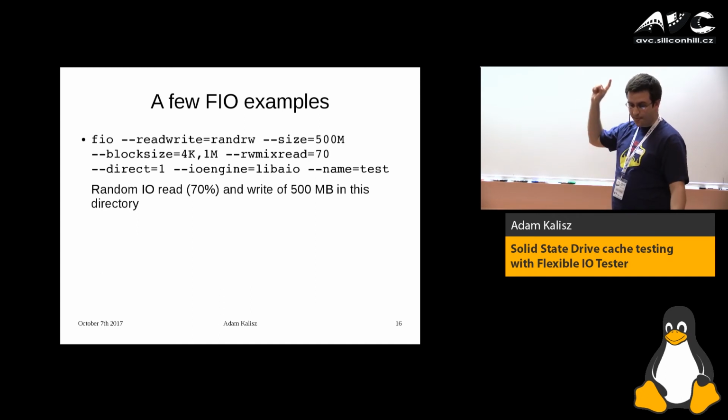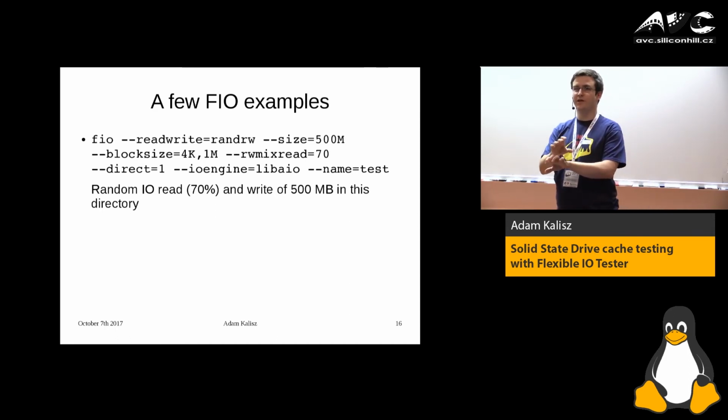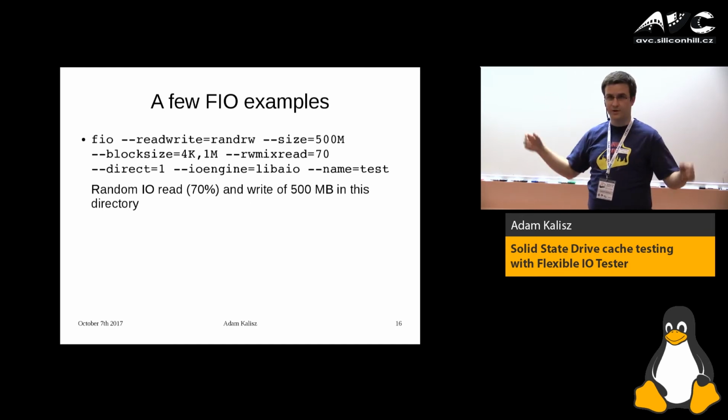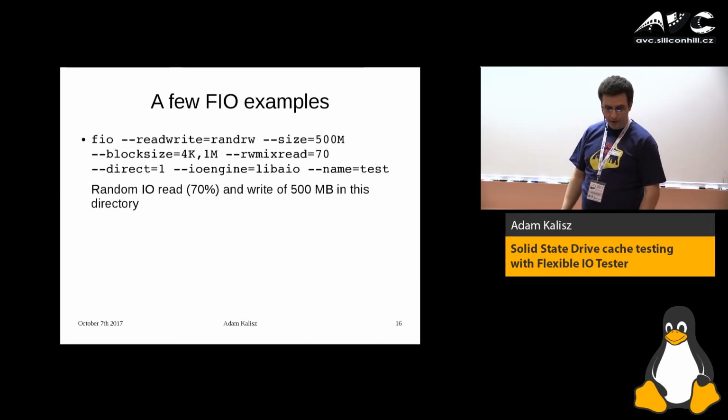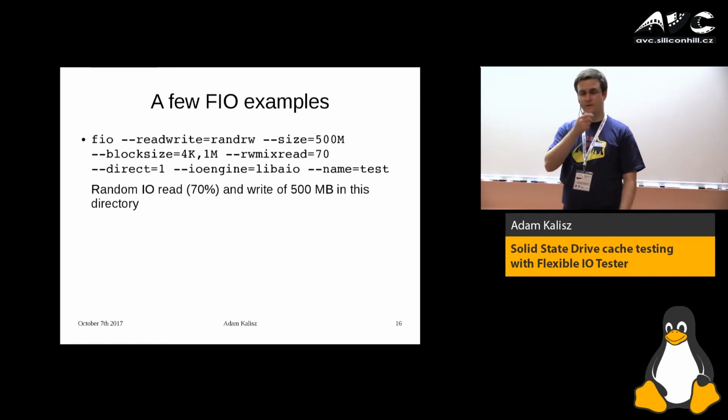So with the read-write flag, you can specify what data you will generate, what access you will generate. The size is obviously how much I/O you are generating, the block size. You can specify the mix of the read-write.